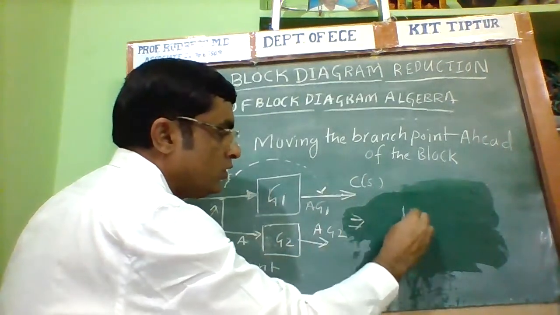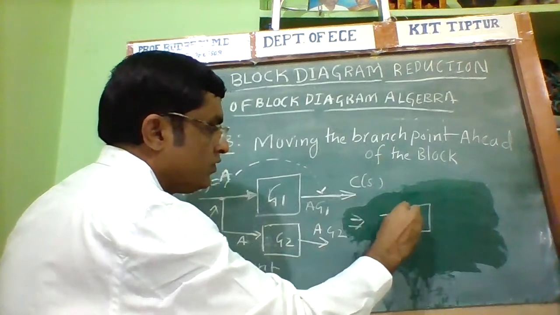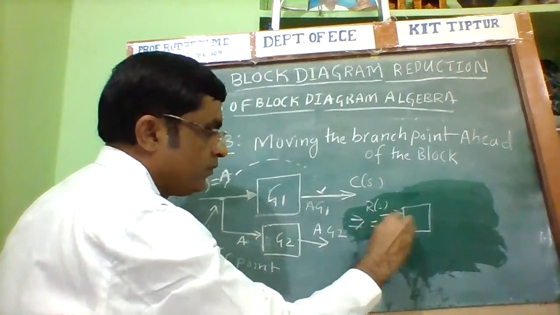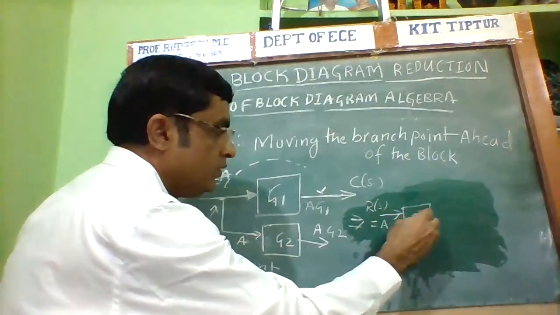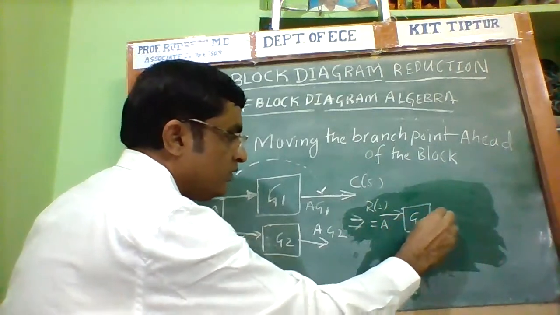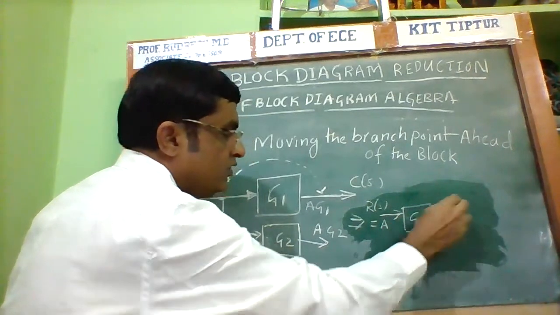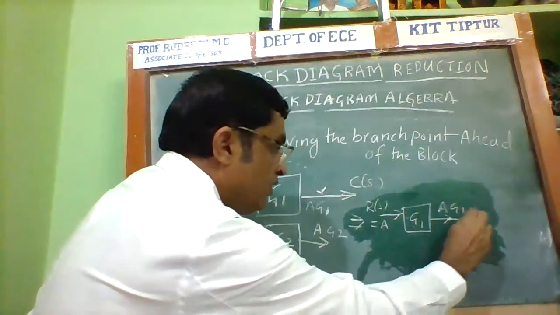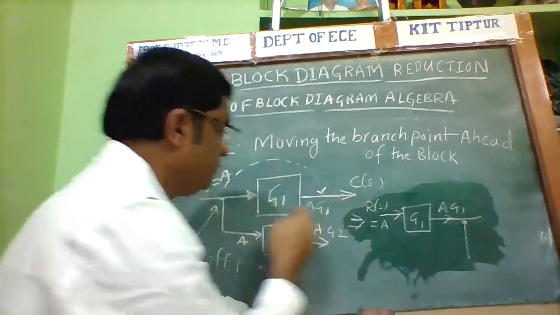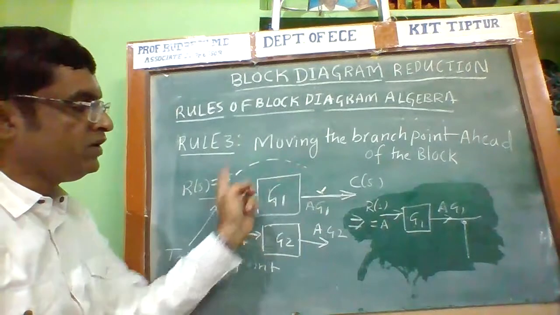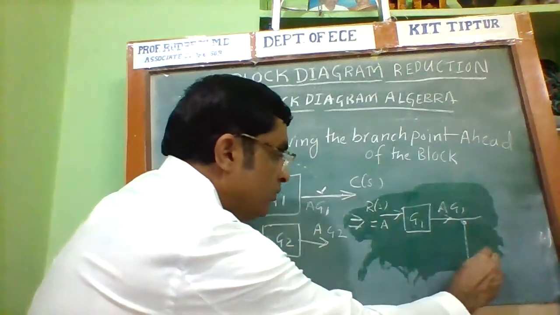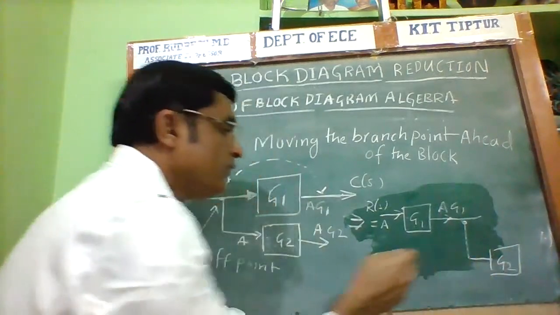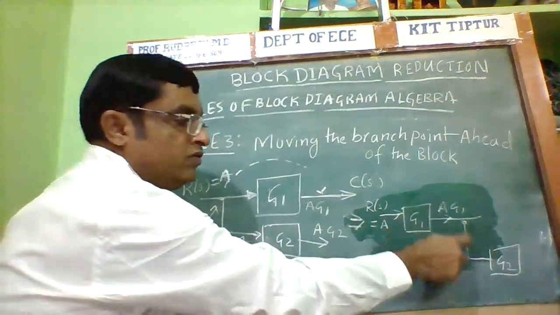Now this is the block. Input is R of S, value is A. Now this is G1. Output we should get is A into G1. Now this is correct. If I move the take off point here, after moving this take off point, then what will be here? G2 is there. Now A into G1.